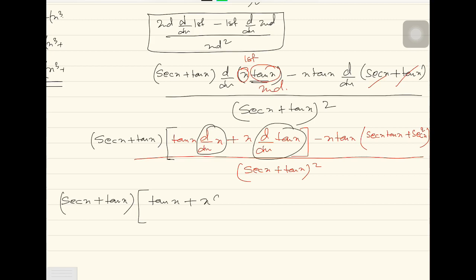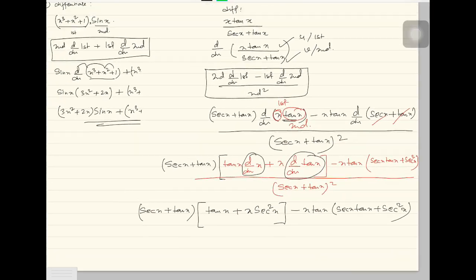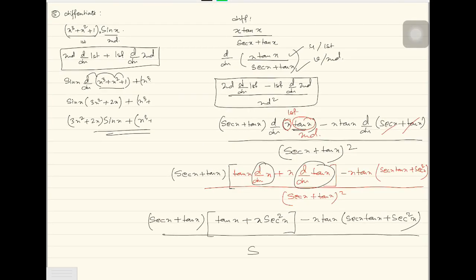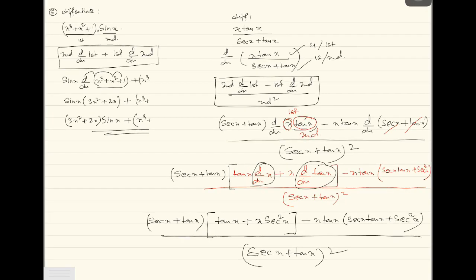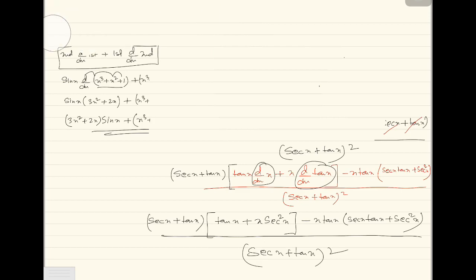Sec square x, so x sec square x, close the bracket, minus, let me just keep it as it is, x tan x divided by sec x tan x plus sec square x. Okay, and whole divided by (sec x plus tan x) whole square. Now let me rub this. I need some space up here.